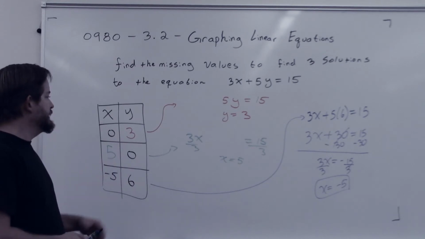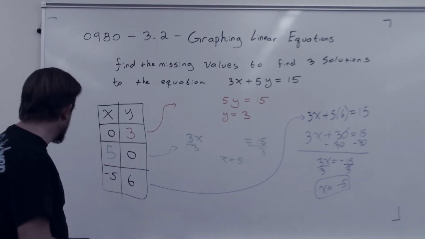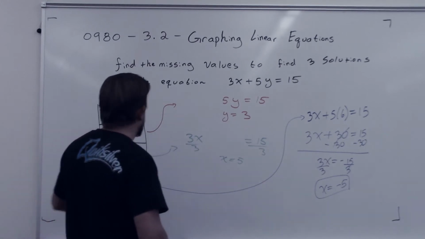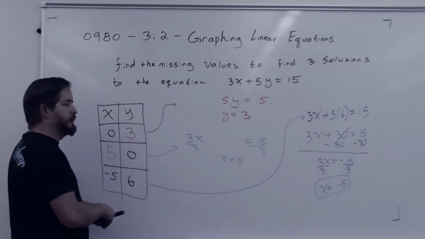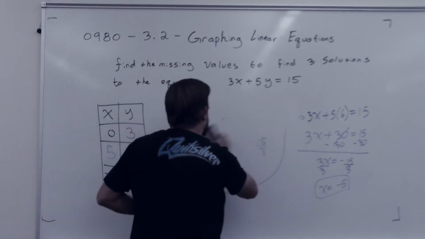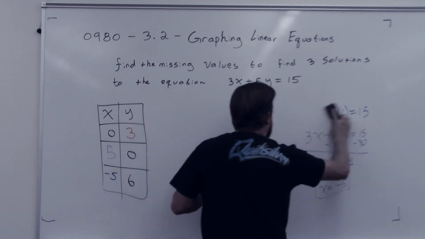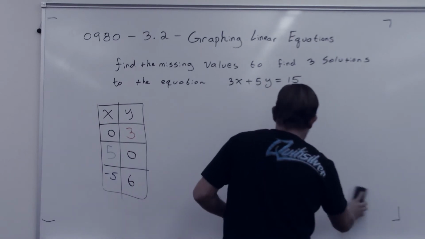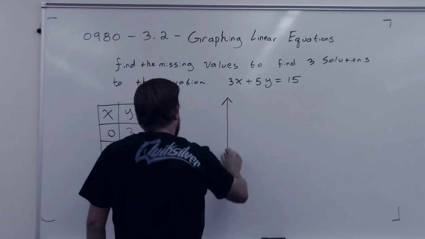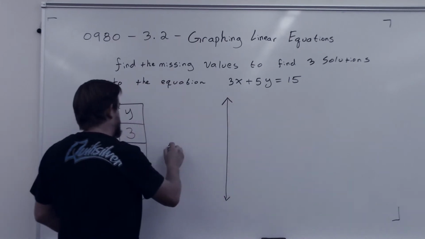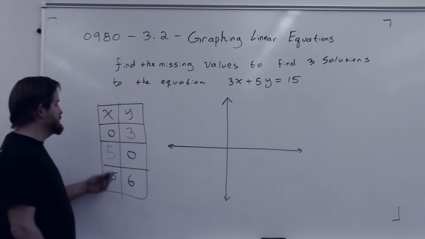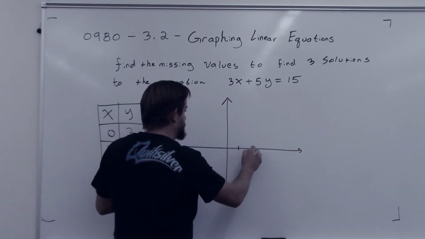But I can see, if I look at what's happening here on a graph, I'm going to get rid of this work, so if you want it, pause it, because here it goes. If I plot these values, let me throw some tick marks on here.